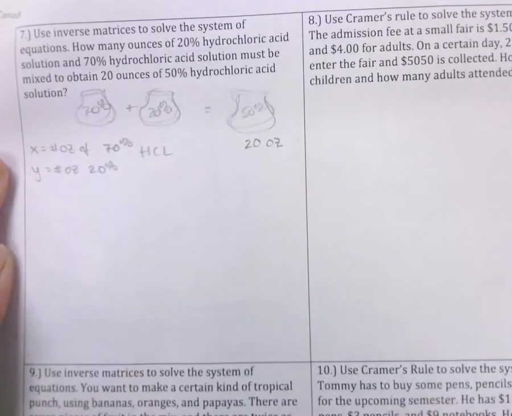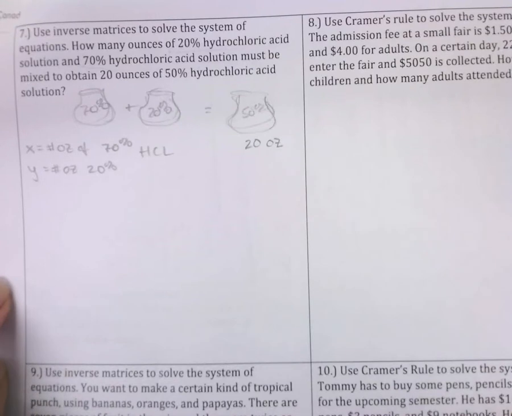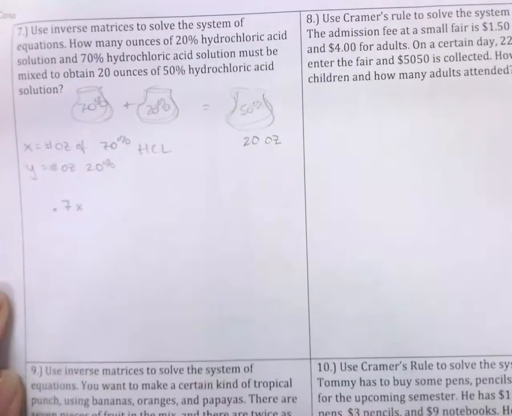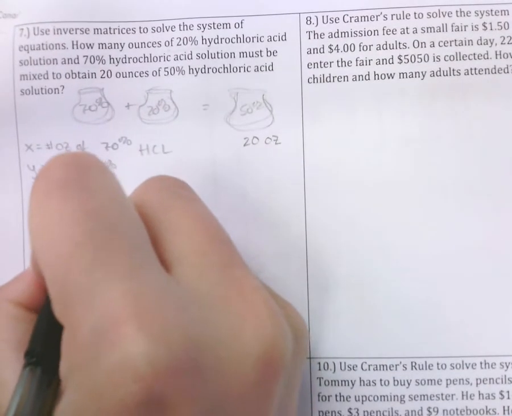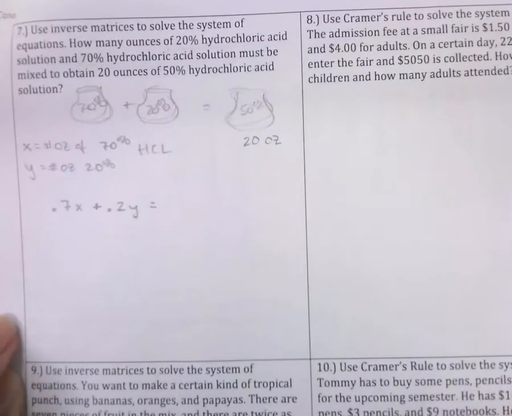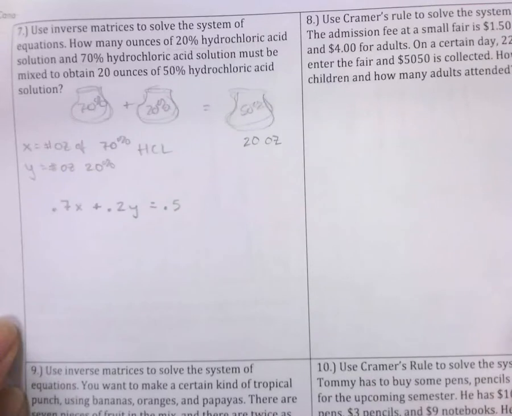But how come they're all hydrochloric acid solutions? Okay, so first, let's think about percentages. 70% of X plus 20% of Y is going to yield 50% of both of them together.